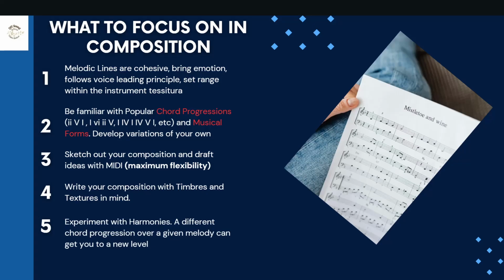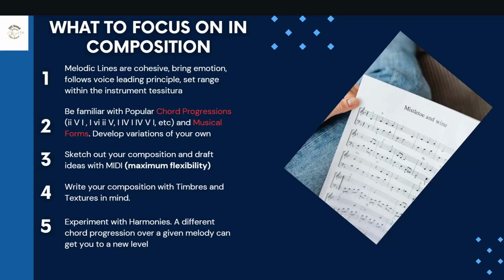Guideline number 5: experiment with harmonies. Different chord progressions over a given melody can take you to a new level. This is something I use a lot in my compositions, and I've seen other great composers do it too. It works like this.